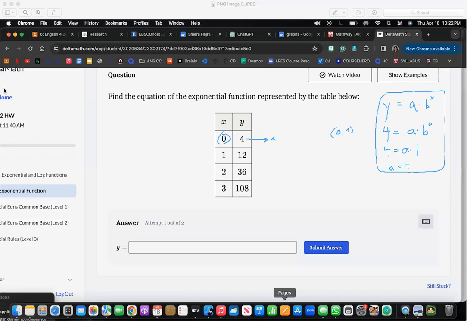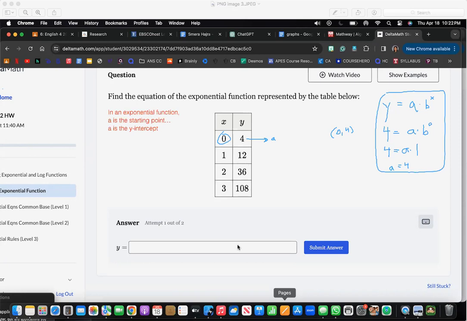So in an exponential function, a is the starting point. Another way we could say that is a is the y-intercept, where it intersects the y-axis.